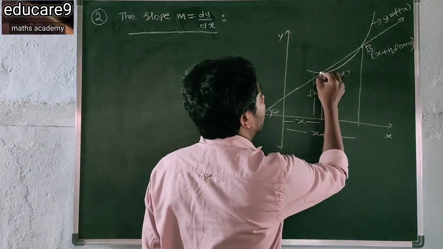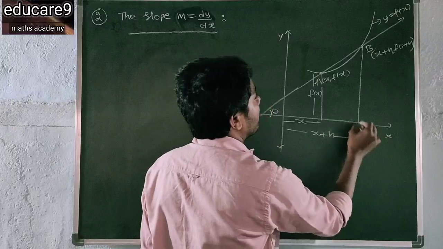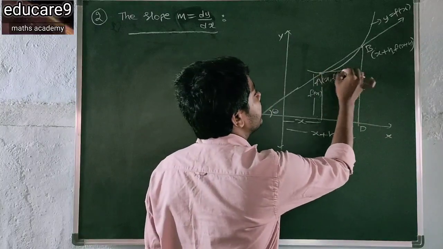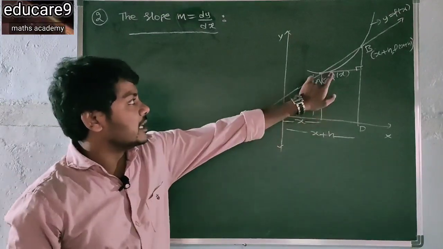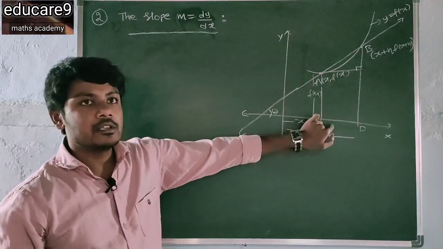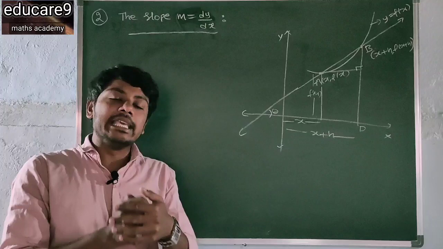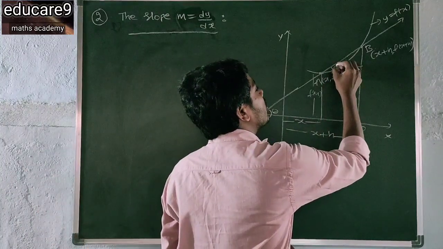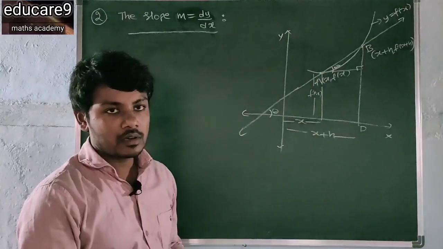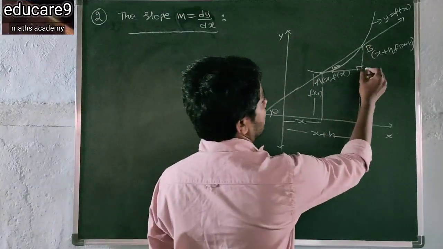And draw the perpendicular line from A to BD. Okay. So clearly these two are parallel lines. So parallel lines make equal angles. So clearly this angle is also theta. Suppose this is some E.